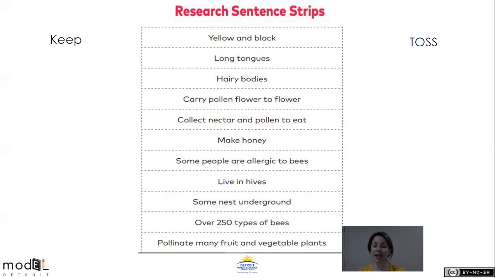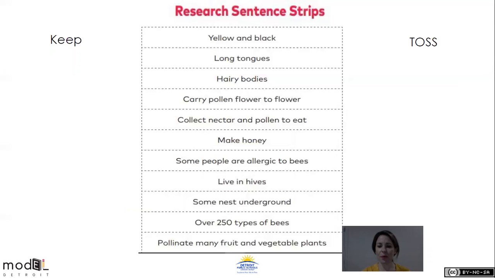Long tongue, that's our next one, long tongue. Hairy bodies, that's our next one, hairy bodies. My next sentence strip says, carry pollen flower to flower. Is that important? What about collect nectar and pollen to eat? Is that important? Make honey.